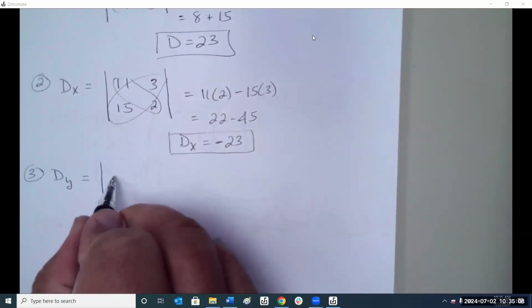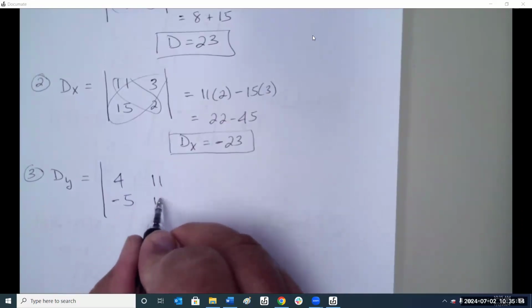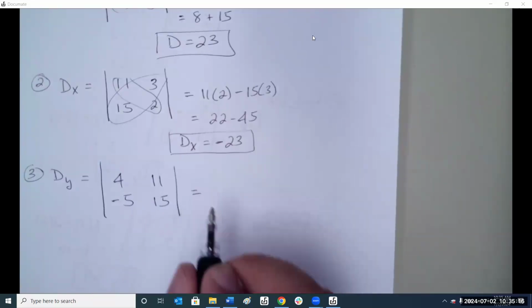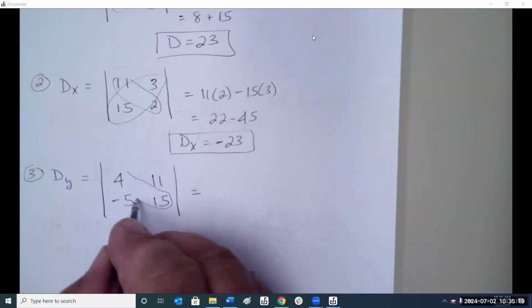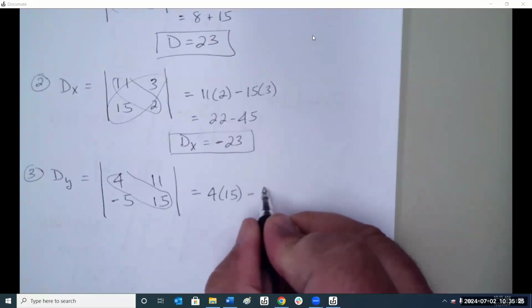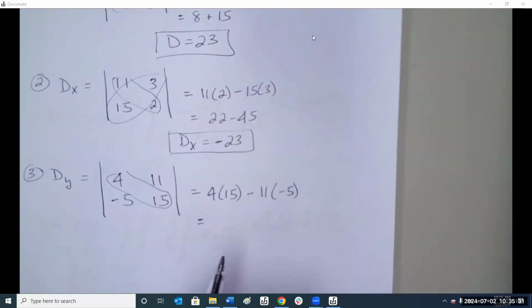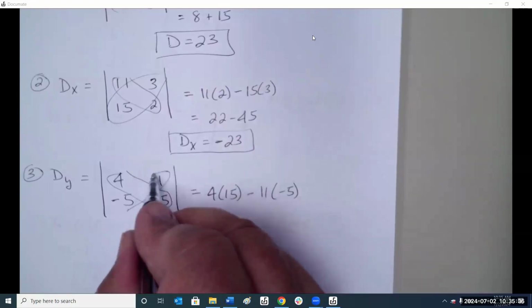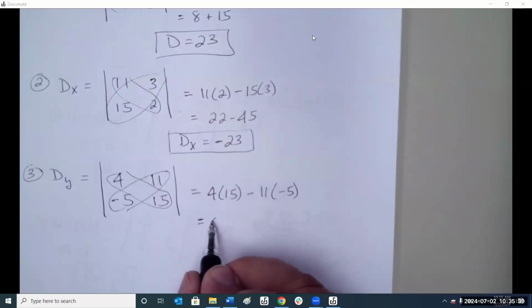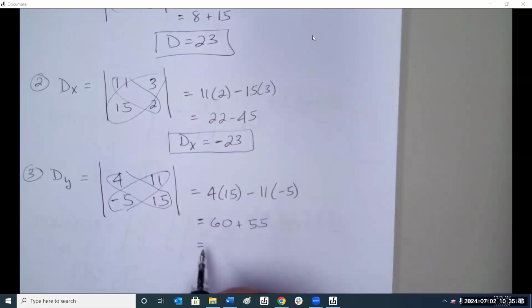And then dy, leave the x alone. Put the answers in the y column. 4 times 15, 11 times negative 5. 60 plus 55 is 115. That's dy.